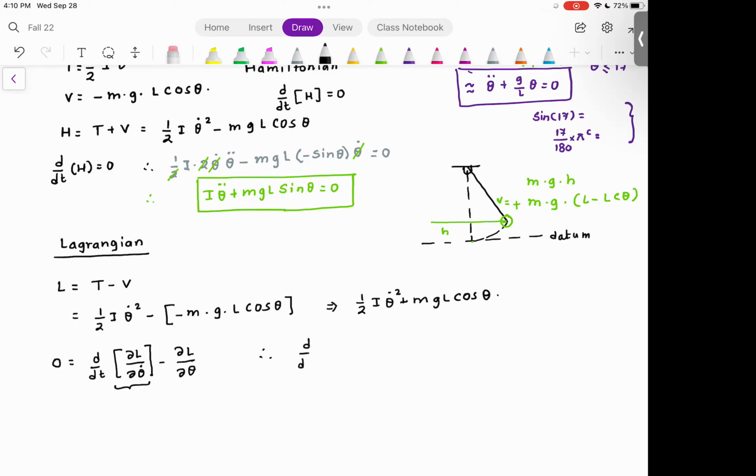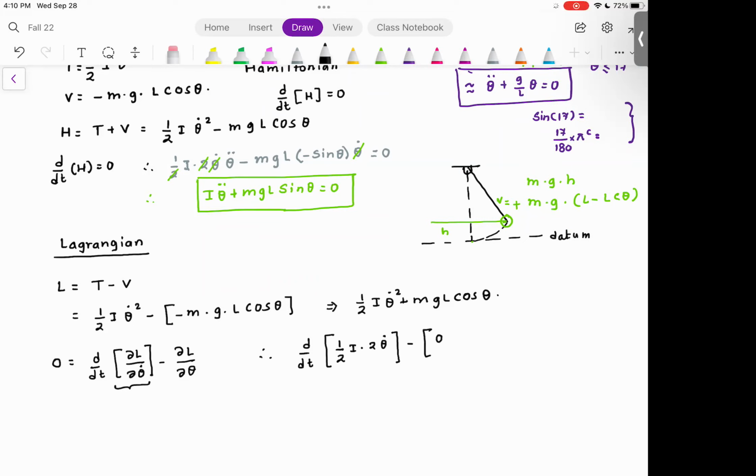First I need to find this guy. d by dt is going to be 1/2 I times 2 theta dot. Why is there no theta double dot? Because this is with respect to theta dot, not with respect to t. Minus, I'm going to get 0 here.